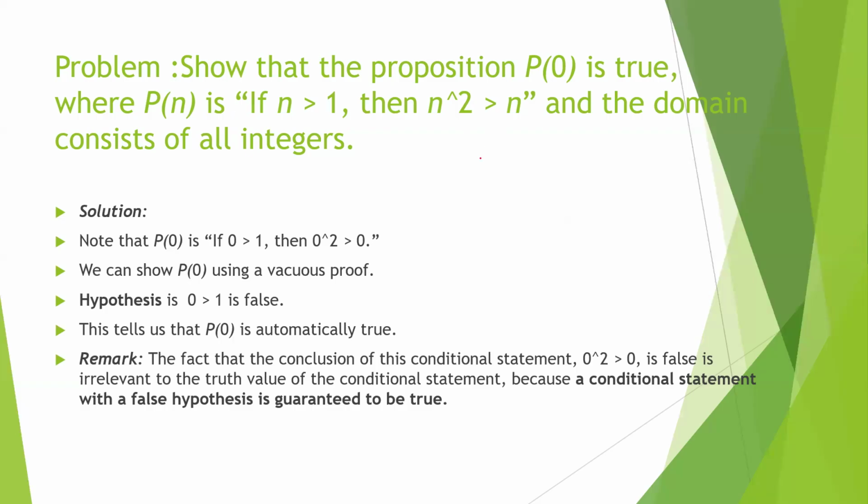So what is P(n)? If n is greater than 1, then n squared is greater than n. Using this, we have to show that P(0) is true.